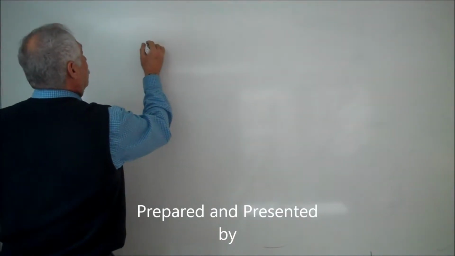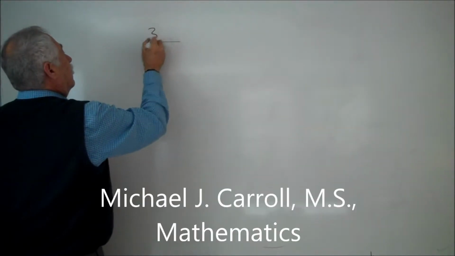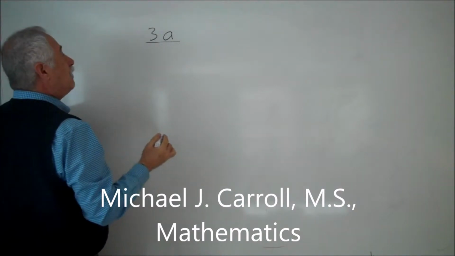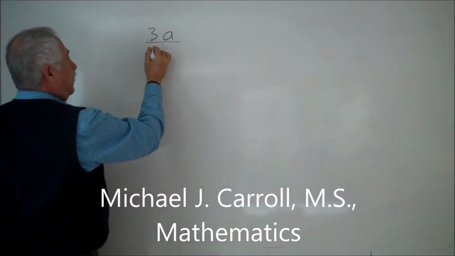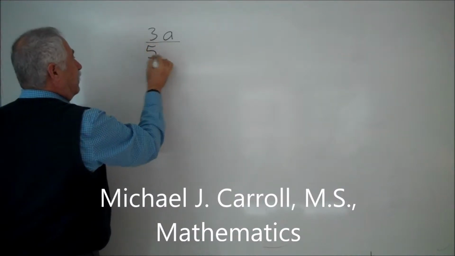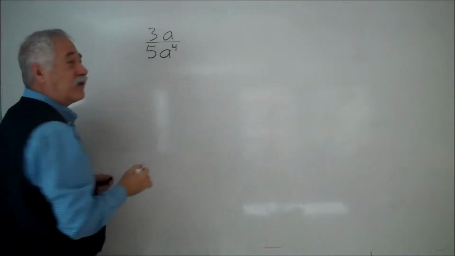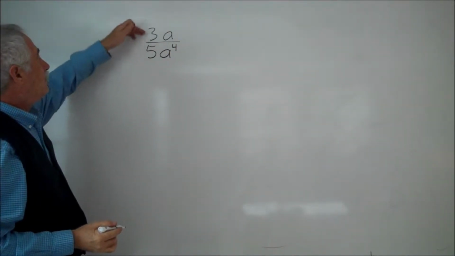A fraction made out of exponential terms would have a letter in the numerator, some power, and a number or a letter or a combination in the denominator. It's a very basic fraction made out of two exponential terms.